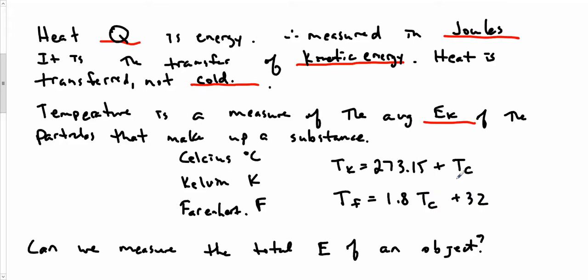If you need to go back and forth, there's some formulas. And the other thing we should realize is that Kelvin starts at 0 and goes up. Celsius starts at minus 273.15 and goes up, but 1 degree Celsius is always equal to 1 Kelvin. The steps are the same, where they start is different.